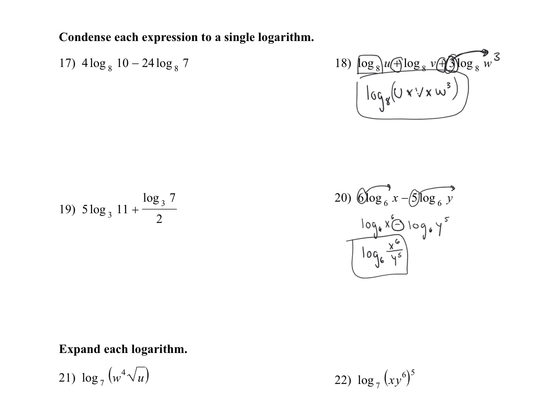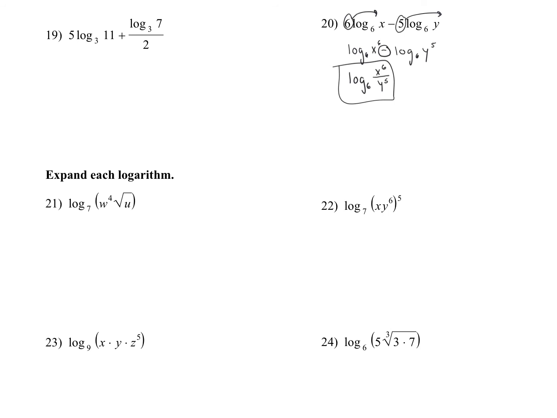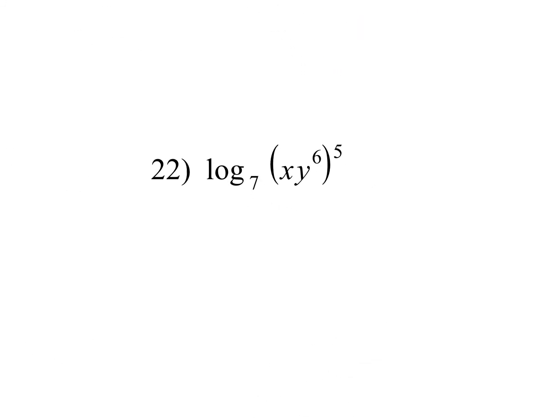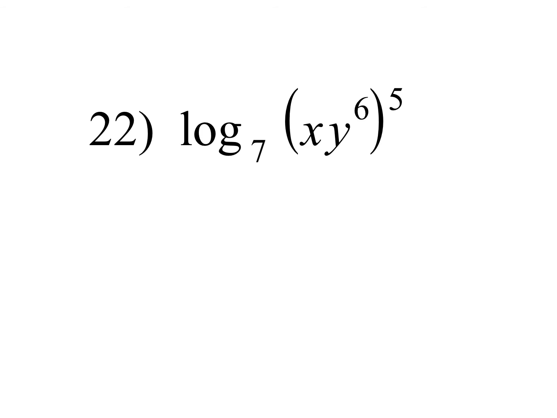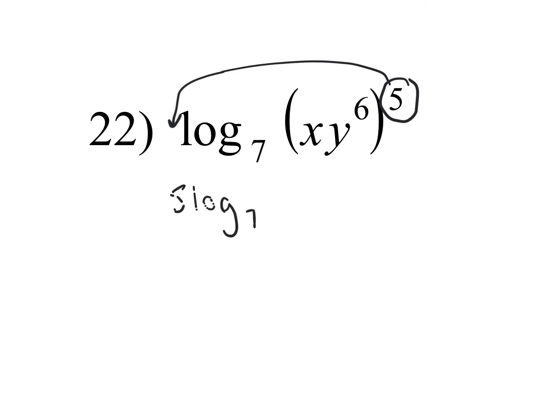All right, next we are expanding. So 22. First thing we want to do is take this 5 and bring it to the front. So we're going in the opposite direction we were when we were condensing. Now we're breaking it all apart. So we have 5 log base 7 of x, y to the 6th power.